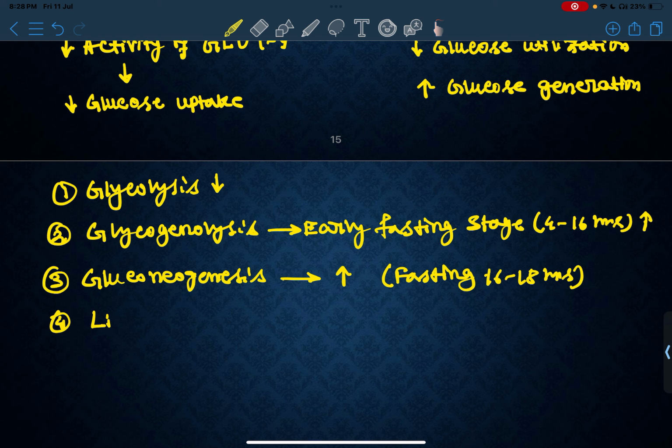That's the exact opposite of what happens in regulation by insulin. Lipolysis occurs in the prolonged fasting or starvation stage, which we have already seen.